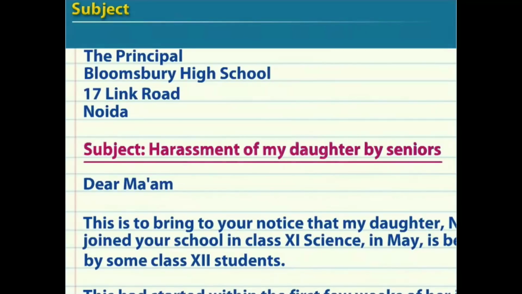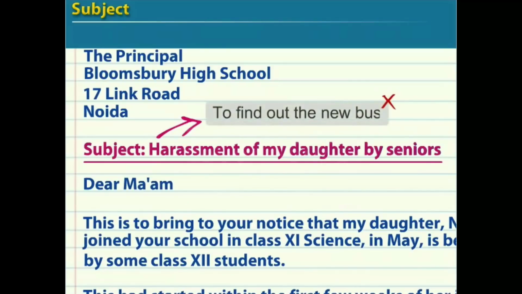Keep the subject short and crisp, not more than 6 to 8 words. Refrain from using to plus verb or the ing form for writing the subject line. For example, it would be incorrect to write, "To find out the new bus route," or "requesting for fee concession."